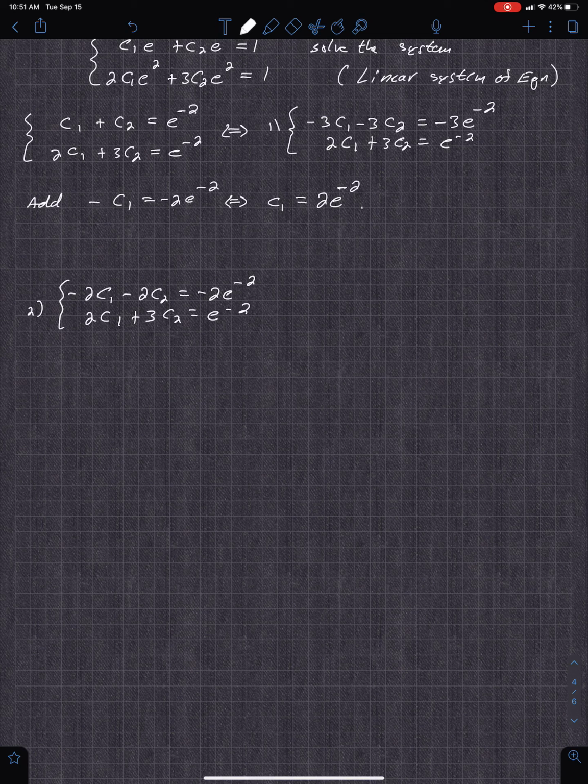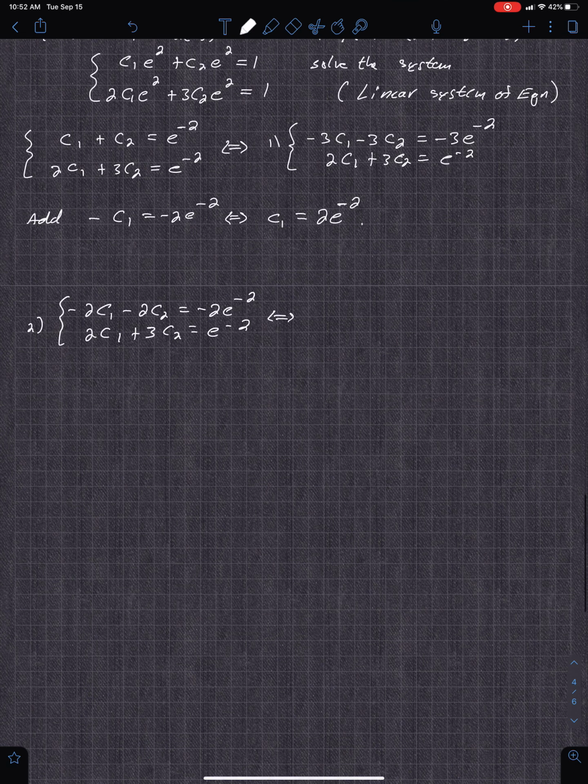So multiply equation 1 by negative 2, multiply through, and add now. So if you add that, you get, well, that one's nice, huh? That's just C2 equal to negative e to the negative 2.